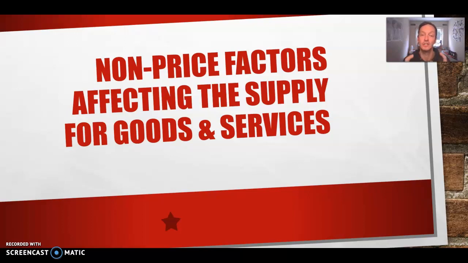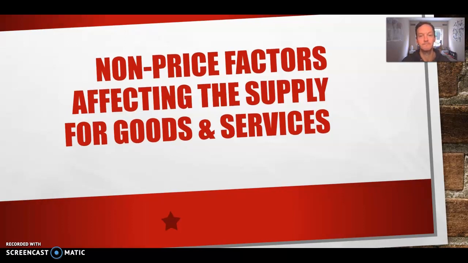However, the factors that shift the supply curve are different to the factors that shift the demand curve, because the factors that shift the supply curve are specifically things that are actually going to change the willingness or ability of suppliers to supply. Okay, and that's the key phrase we're going to look to here. All right, so if the willingness to supply changes or the ability to supply changes, then that's going to shift the supply curve. So let's get into it.